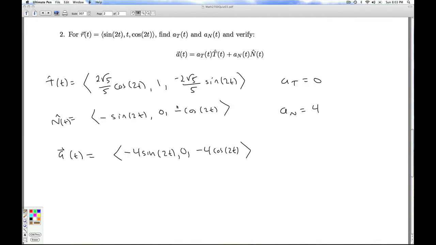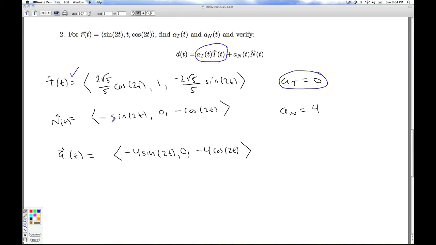Okay, so now it's time for the grand finale, the big payoff. Here's T hat prime of t: 2 radical 5 over 5 cosine 2t, 1, negative 2 radical 5 over 5 sine of 2t. It really doesn't matter what this is, because if you notice in our formula here, we're going to multiply that by our tangential component of acceleration a_T, and a_T is, of course, as we found earlier, 0.